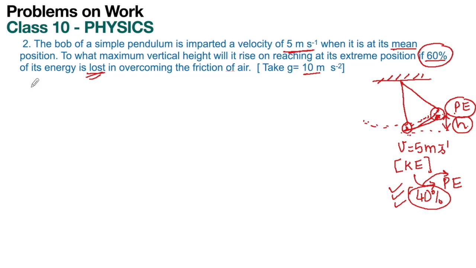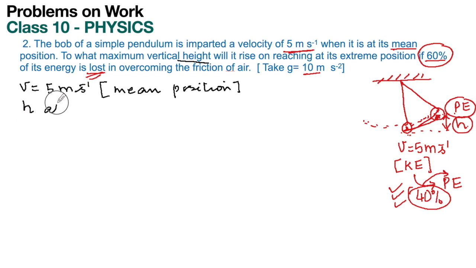So we will say that the velocity is 5 meter per second, and that is at the mean position. Okay, and now it is going to acquire height at the extreme position. So they are asking you height at extreme position is going to be how much?